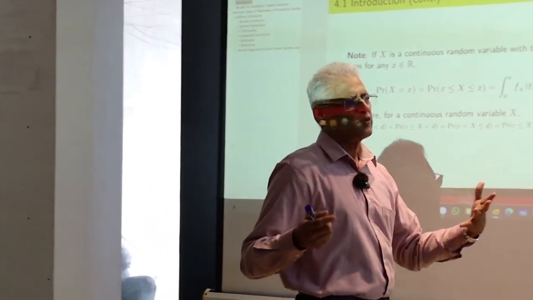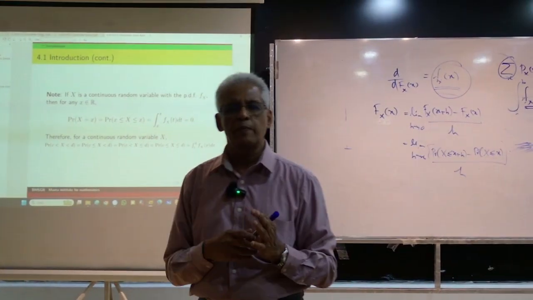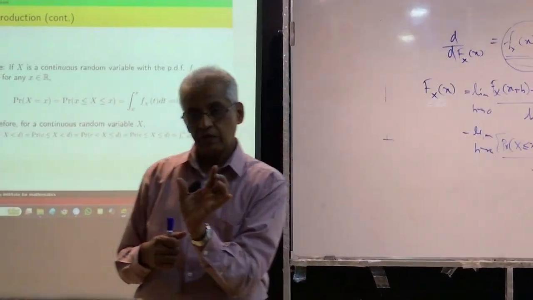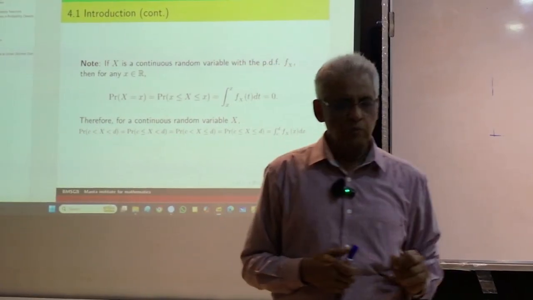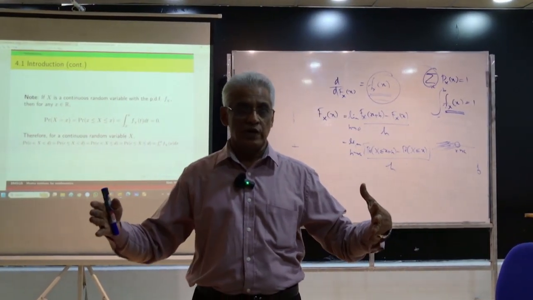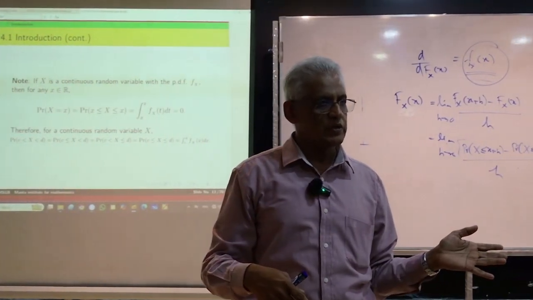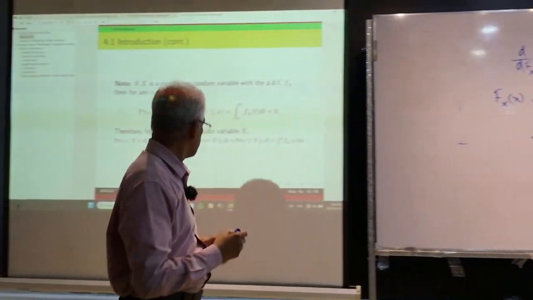Therefore, for a continuous random variable, we are not really interested in finding the probability that X equals some value. Instead, in almost all problems, we are interested in the probability that X is between two values, or greater than some value, or less than some value, and so on, not equal to some value.